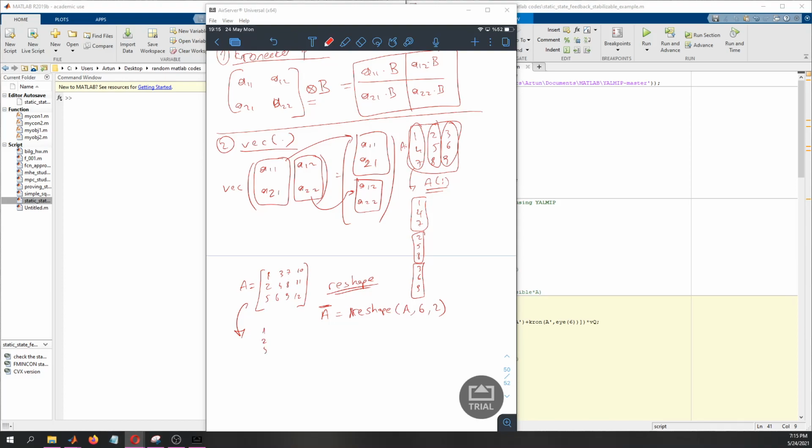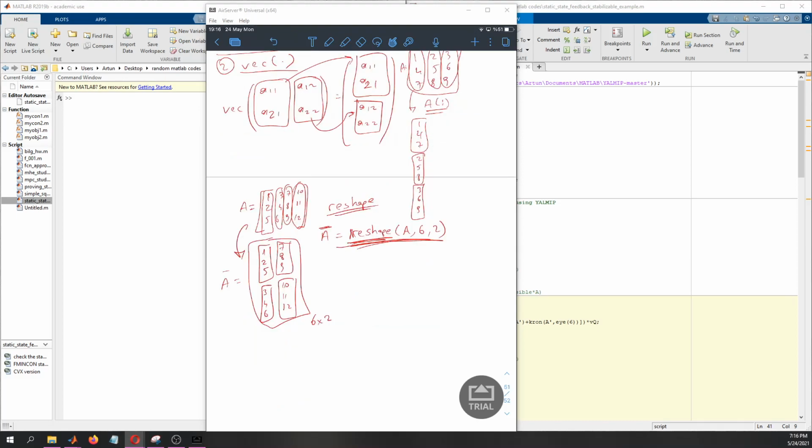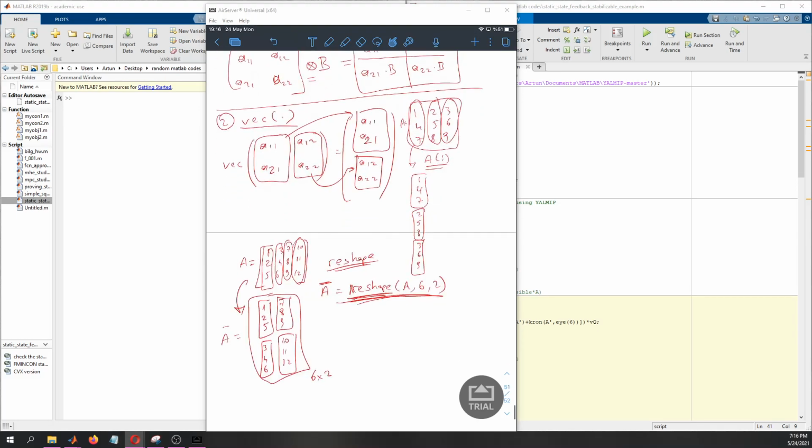It does this operation, there are 2 columns: 1 to 6, and 7 to 12. And this is the A bar, which is 6 by 2. So just check the documentation of MATLAB and use reshape cautiously, I must say. This was a big detour, I realize that.